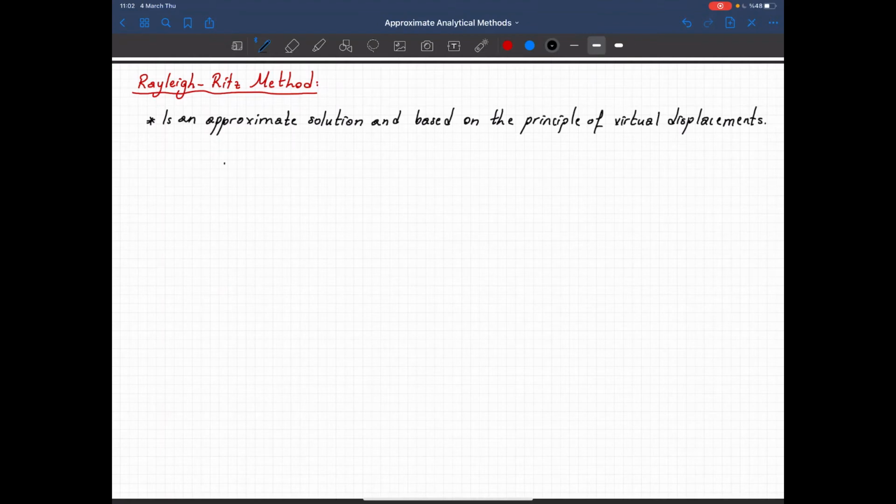Now, in this approach, the displacement field is approximated by the following function. So we have some undetermined parameters, the function of unknowns plus a constant. So in this equation, Ai are the parameters that we will be determining. And this phi are the functions of positions.